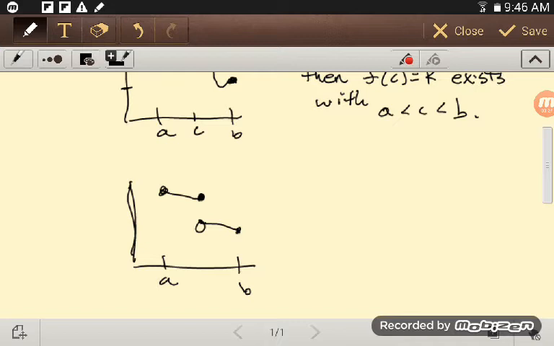It doesn't really matter exactly where I put c, but for this value of k, no c exists. That's in between f at a and f at b, and yet there is no value for c for which f of x equals k. So we need the continuity, because if I don't have it, I can screw it up just fine.